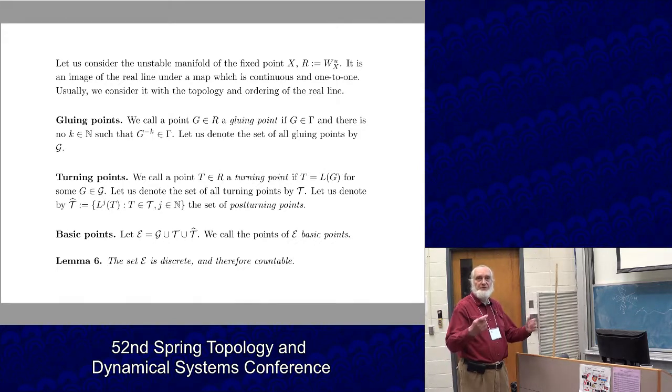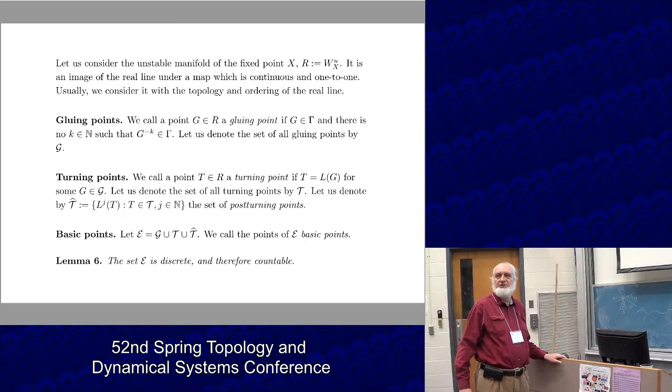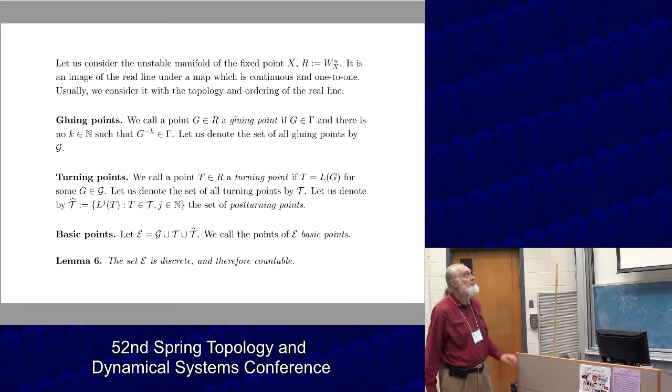Their images, first, second, and so on, are the points where you see that the direction of this unstable manifold changes. The first image of the gluing point is the turning point, and further images are post-turning points.